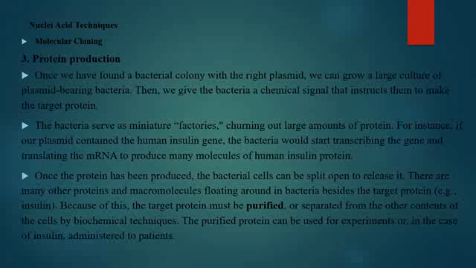There are many other proteins and macromolecules floating around in the bacteria besides the target protein. Because of this, the target protein must be purified or separated from the other contents of the cells by biochemical techniques. The purified protein can be used for experiments or, in the case of insulin, administered to patients. So that is molecular cloning or DNA cloning.